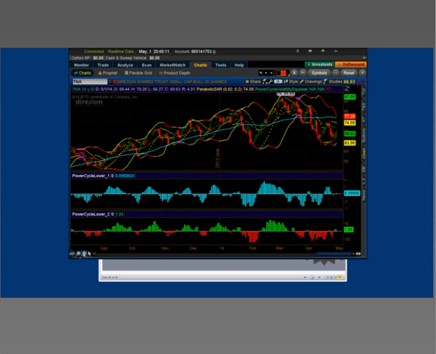Not quite ripe yet for the plucking, in my opinion, but it's looking a little bit better. You want to see it get a little bit more momentum. You don't want to have it fail, you know.